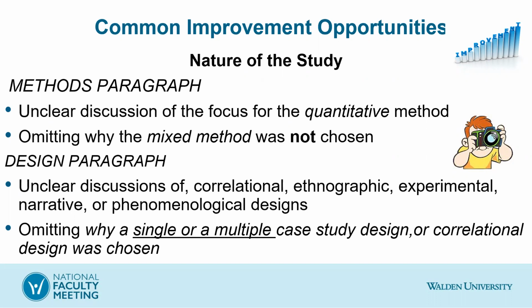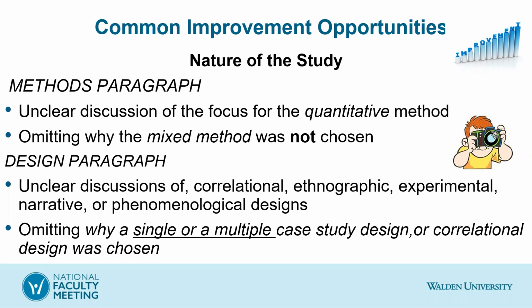One of the common opportunities here is to make sure that, if we're working with quantitative, we identify, with peer-reviewed citations, why we're using a quantitative method and why we didn't use a qualitative or a mixed method. And one of the common mistakes that we see is omitting why we chose a mixed method.